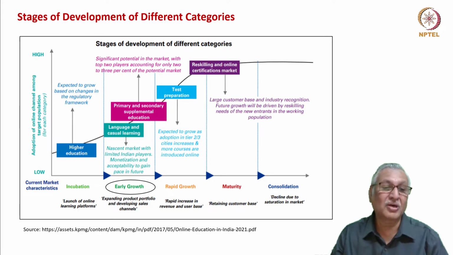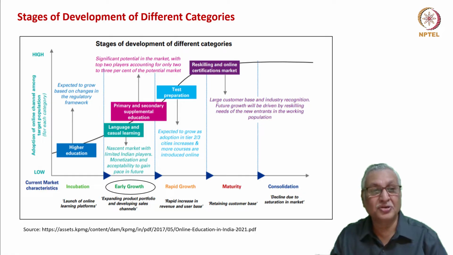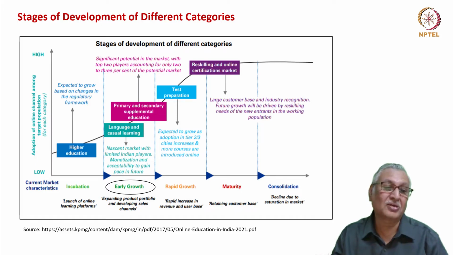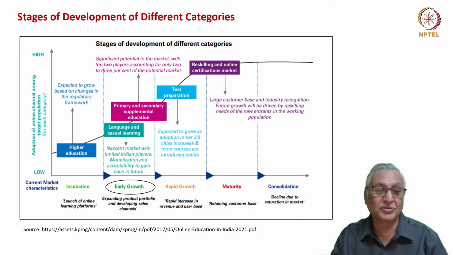So in this current market circumstances, several sequences are there: incubation phase, early growth phase, rapid growth phase, maturity, and consolidation. And the adoption of online channel of education amongst the target population for each category moves from low to high, that is inversely proportional to the level of education.